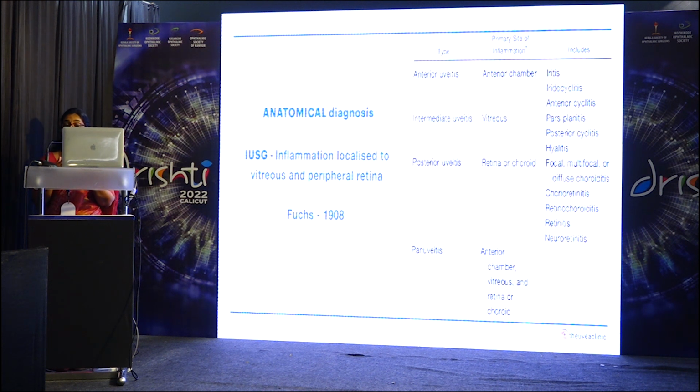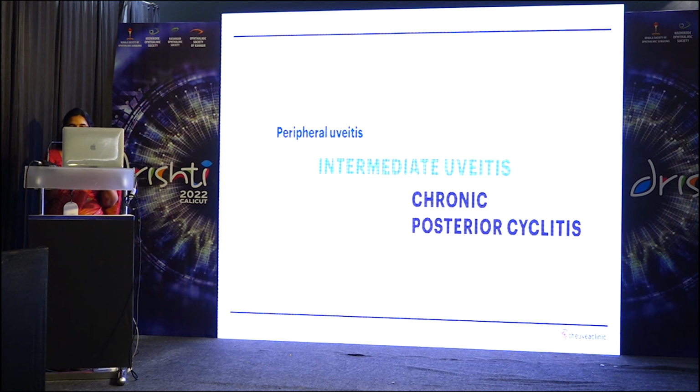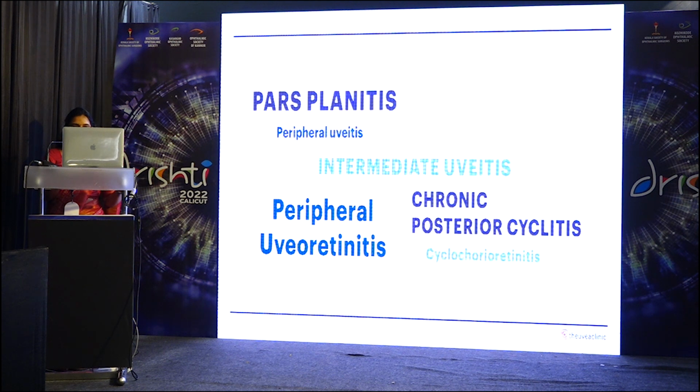First described by Fuchs in 1908. Since then, various terms have popped up: peripheral uveitis, chronic posterior cyclitis, peripheral uveoretinitis, pars planitis, cyclochorioretinitis, and chronic cyclitis. They all basically mean one and the same thing.